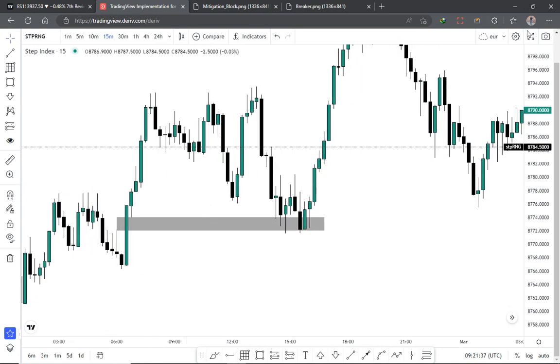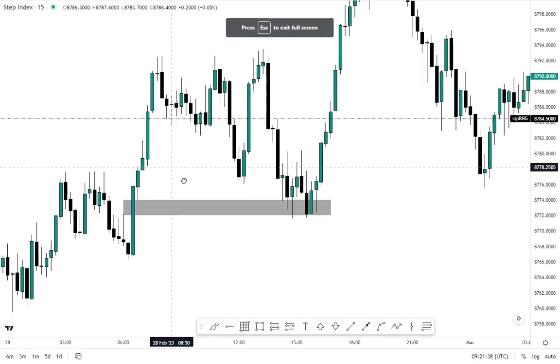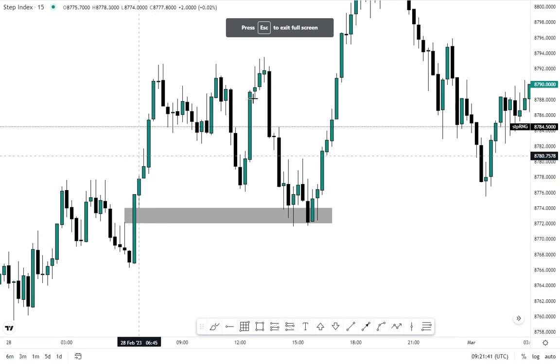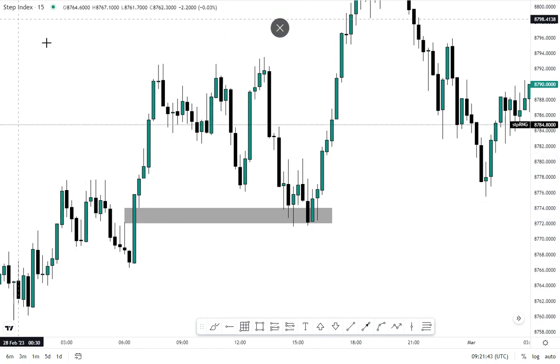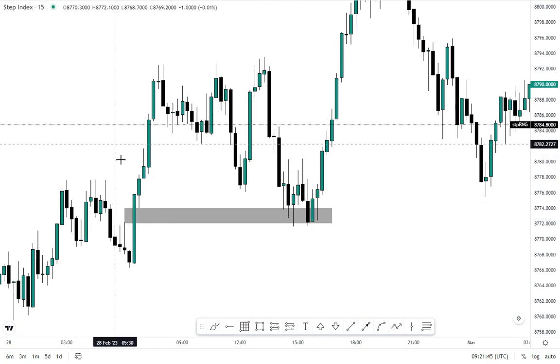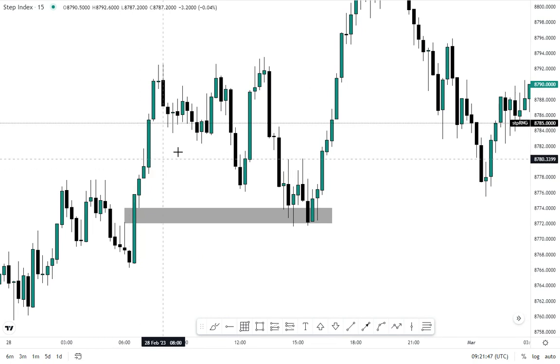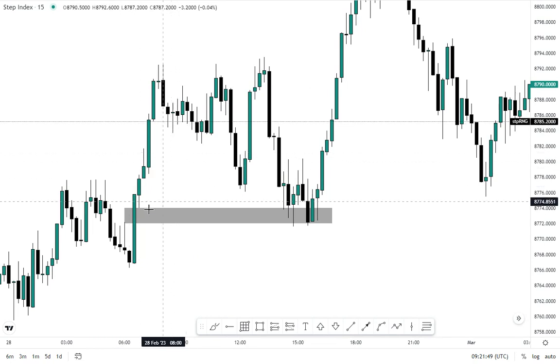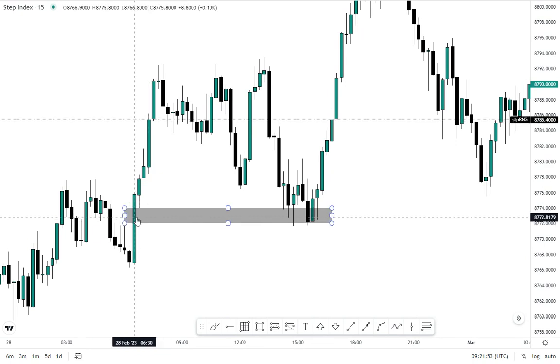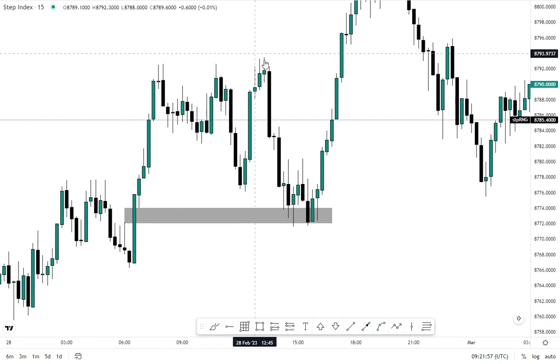All right. So right here, we have price trading into the step index. I just cherry picked whatever chart that I wanted to use because price is price at the end of the day, right? So price trades into this BC right there. It's a discount BC from this range low to that range high.